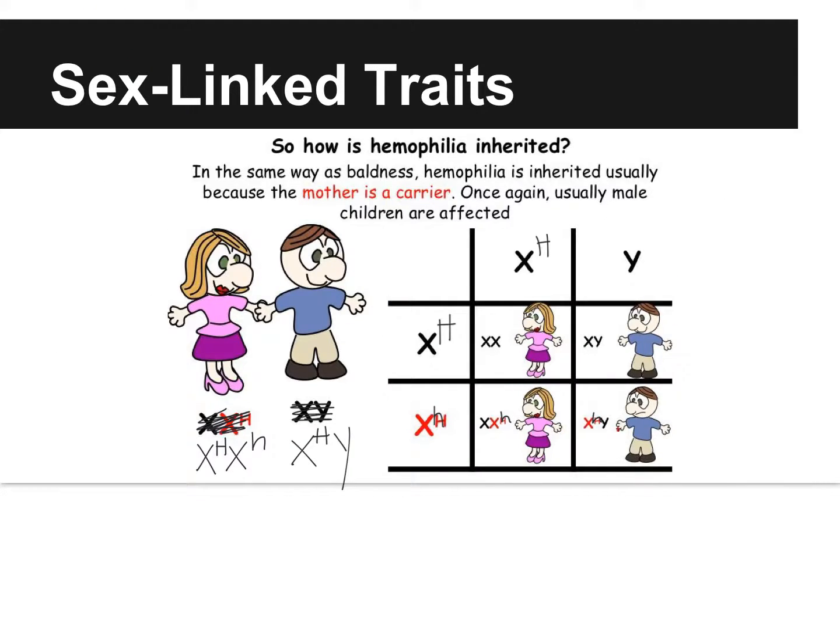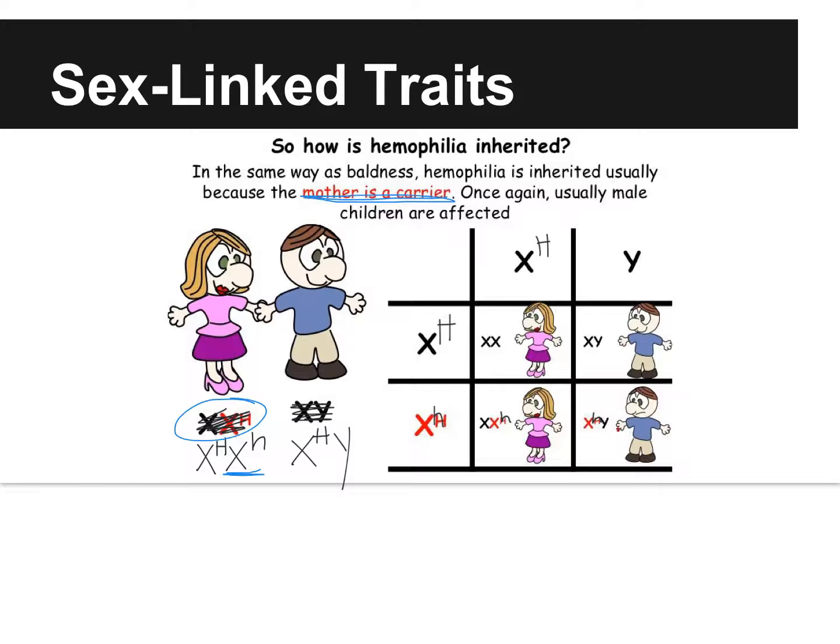Okay, so here's an example. This is also an example of why you don't find pictures off of Google, because sometimes they don't do the genetics perfectly right. So I've written it correctly. If you've ever heard of hemophilia, it's a blood disease that is passed on as a sex-linked trait. In this case, we have a mother that is a carrier. So what that means is she has one of the recessive alleles, so she is heterozygous, but she does not have the disease because she doesn't have two copies.